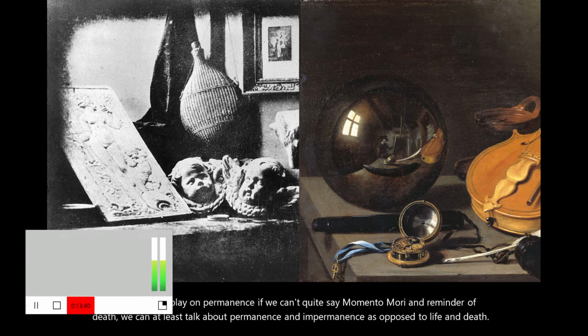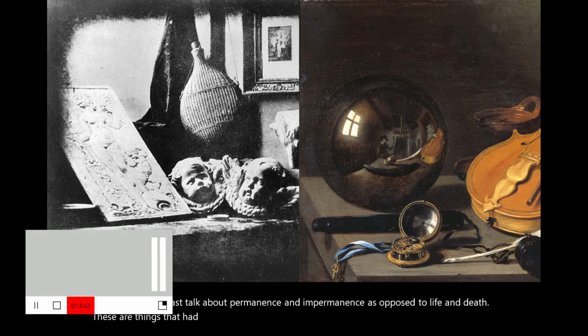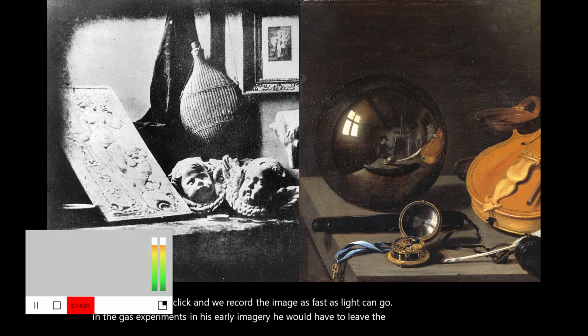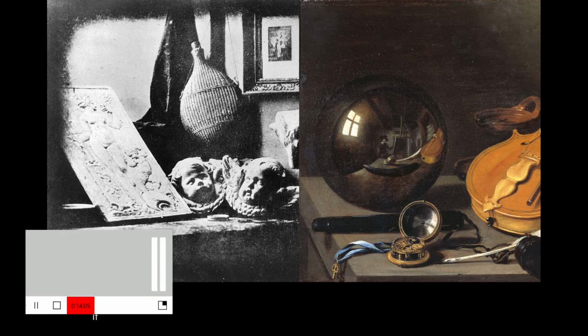These are things that had no problem standing still for the long exposure time. Nowadays we click and we record the image as fast as light can go. In Daguerre's experiments, in his early imagery, he would have to leave the shutter open for minutes, if not hours, to record this imagery.